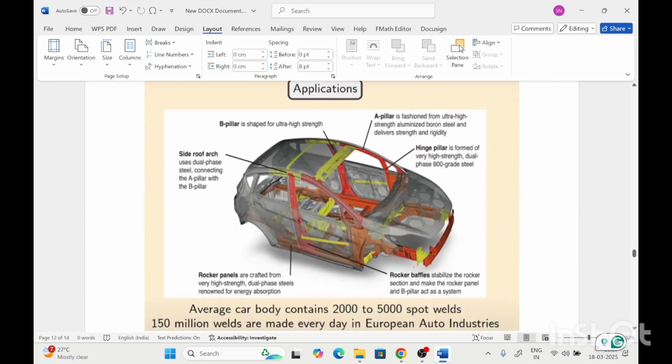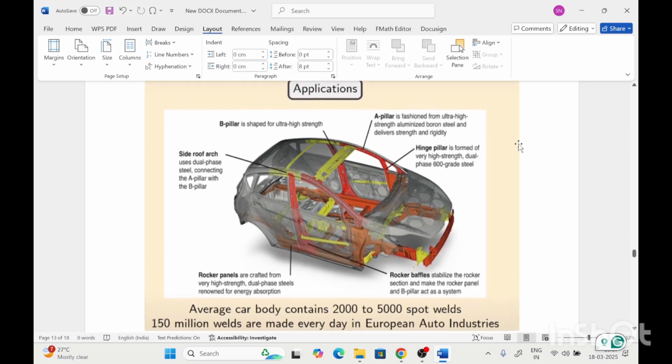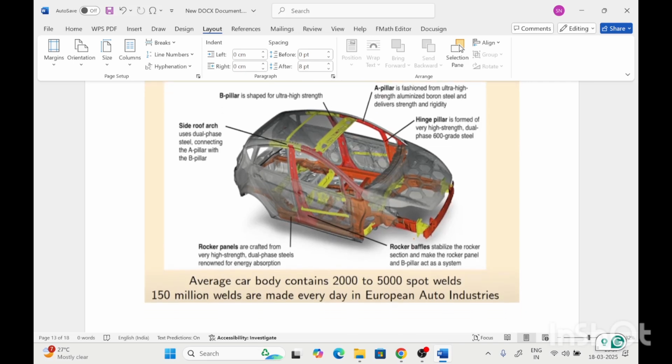Further, the application of this resistance spot welding is generally found in the automobile sector, like this automobile body. The average car body contains around 2000 to 5000 spot welds. Here in this case, we can see the black spots along the line.